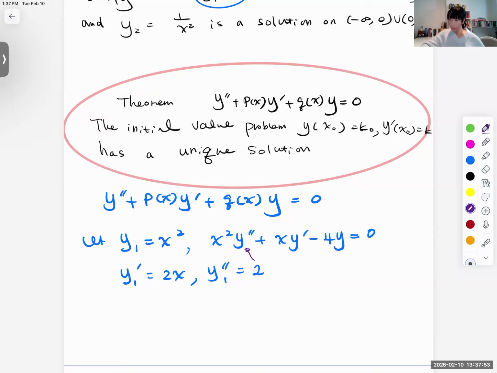So we have x squared times y second prime, which is 2, plus x times y prime, which is 2x, and minus 4y, which is x squared.